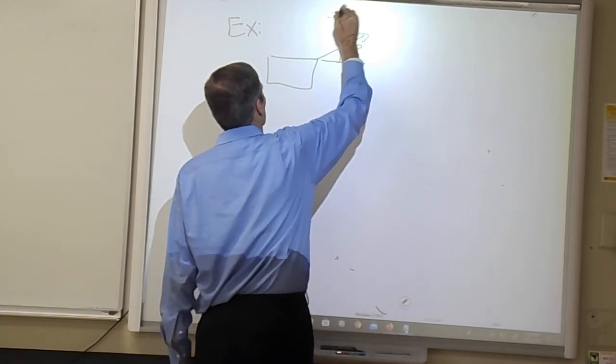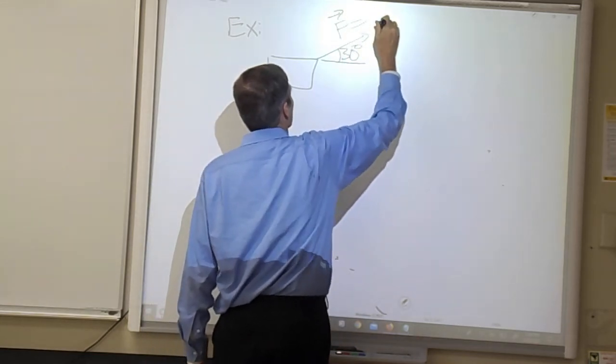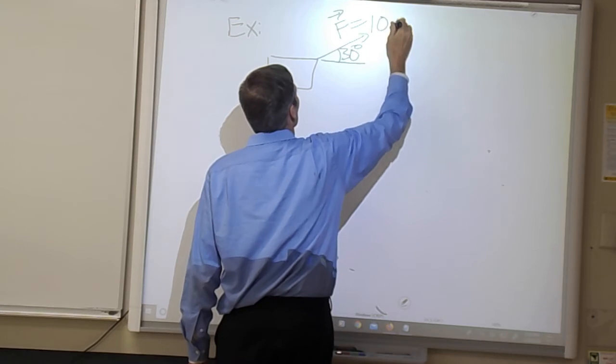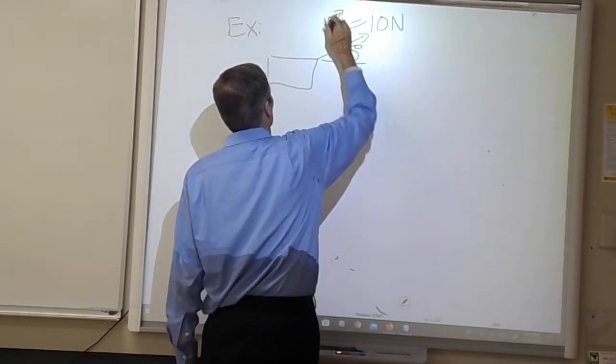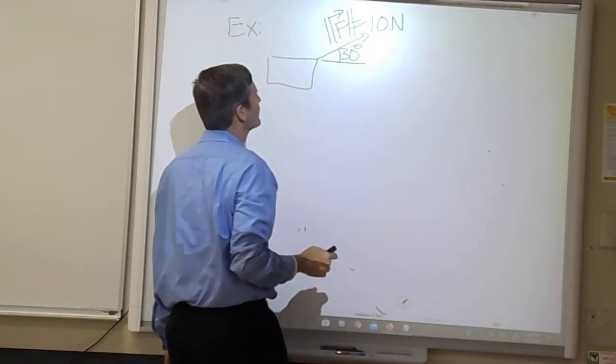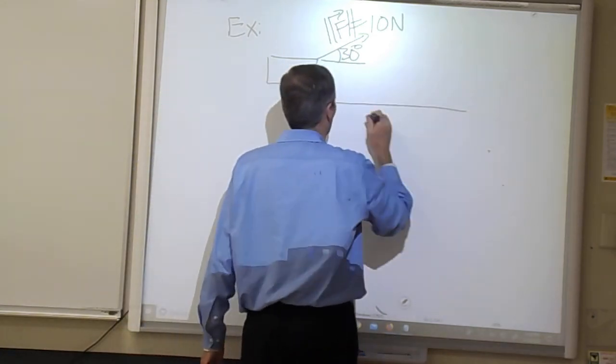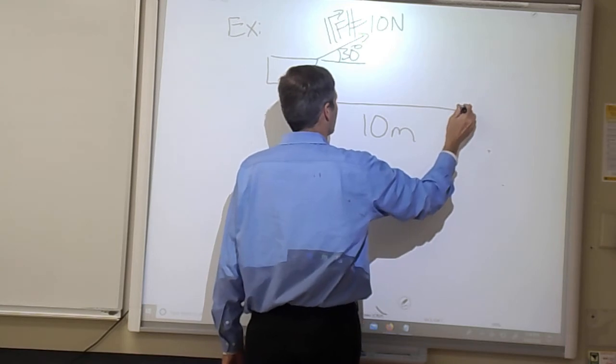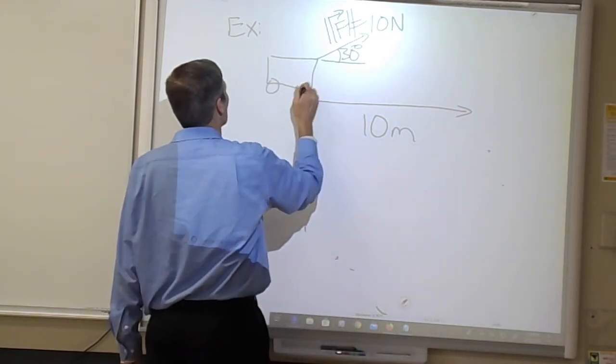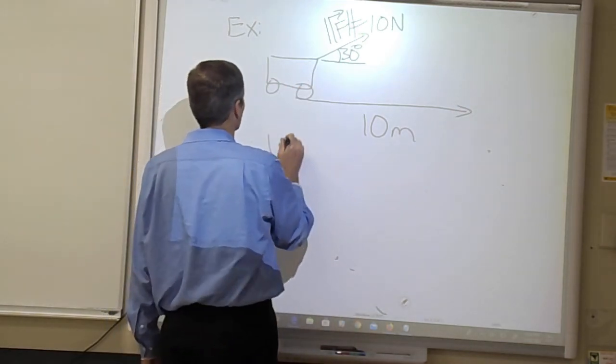Suppose this child pulls with a force of 10 newtons. So that'll be the magnitude of the force. And maybe the child pulls the wagon 10 meters. That's the displacement. How much work does the child do?